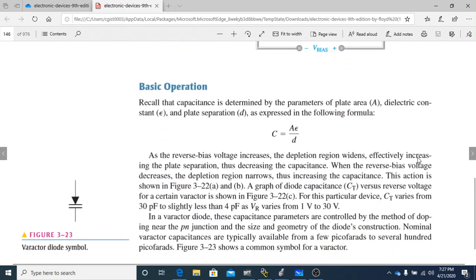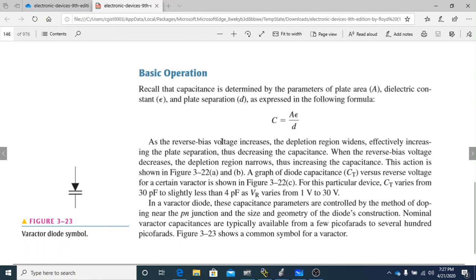All right. So the basic operation: recall that capacitance is determined by the parameters of plate area, dielectric constant, and plate separation as expressed in the following formula. I'm not going to be asking you about this formula, but I want you to understand that, remember in capacitors, the farther away the plates, the capacitance goes down.